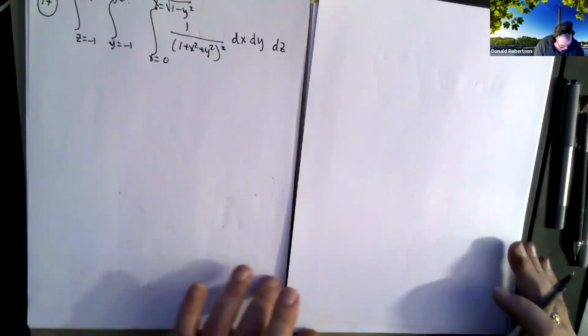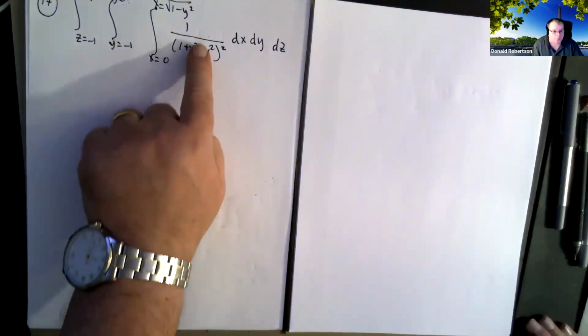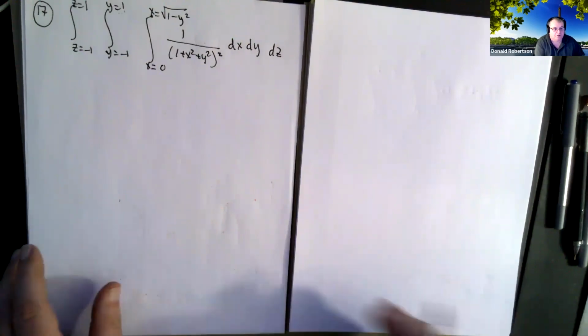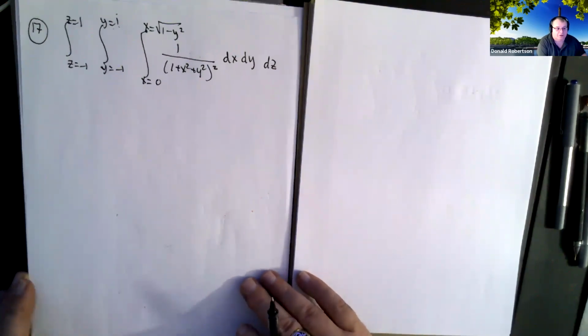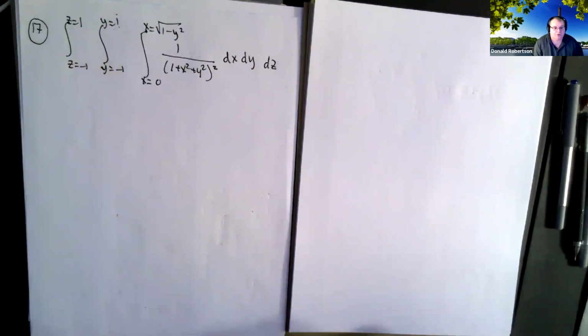So before we even start doing too much with that, the first thing I'm going to do is find out what this region looks like, at least the XY parts of it. The Z's are easy. What does this region look like picture-wise?